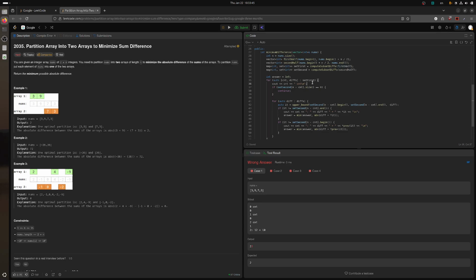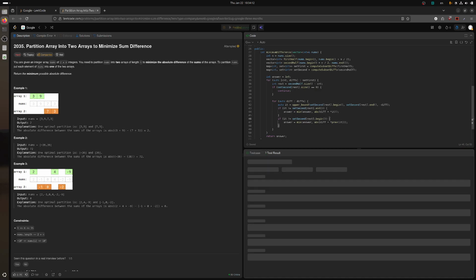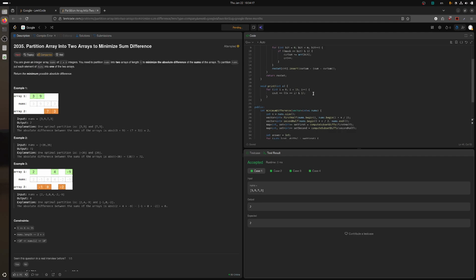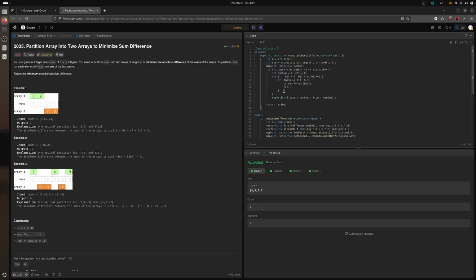Okay, so that's the... I think this should work. Okay, let's see. This print can be erased.